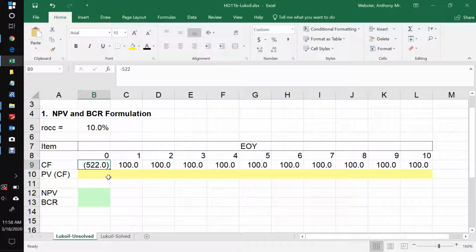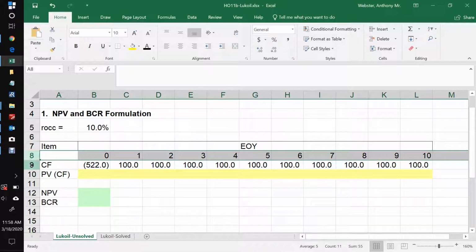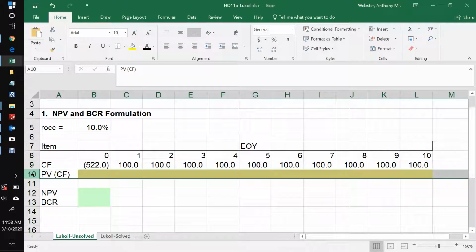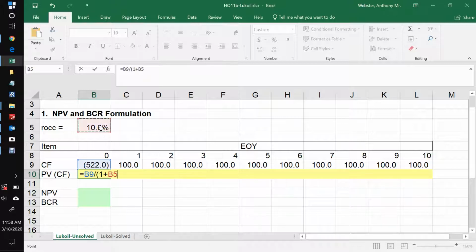So I've got the row of time here, end of year. In each case, I've got the cash flows at those times in this row. And then down here, I'm going to have the present value of each of these cash flows. For the $522,000 they have to spend on this project, the present value is the cash flow itself divided by 1 plus the interest rate.